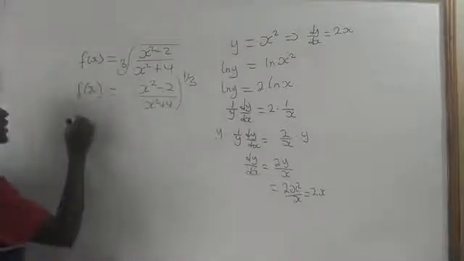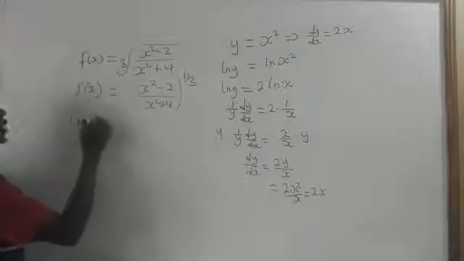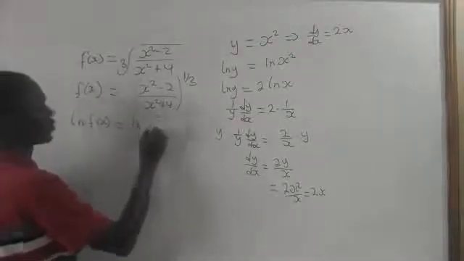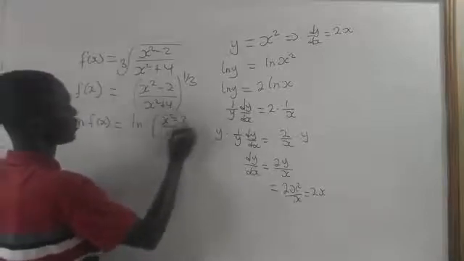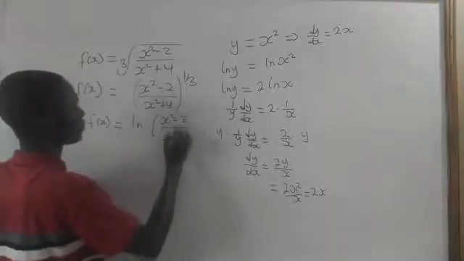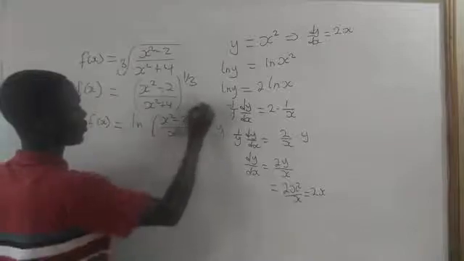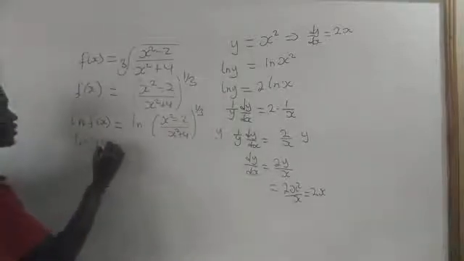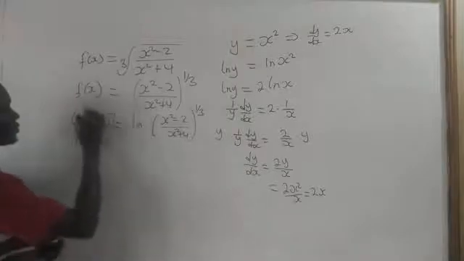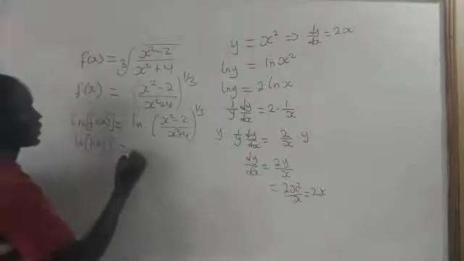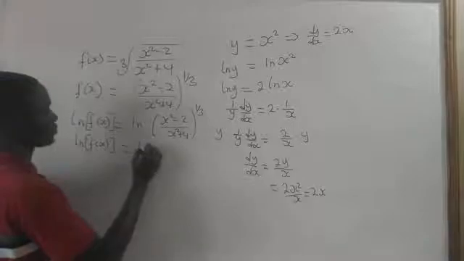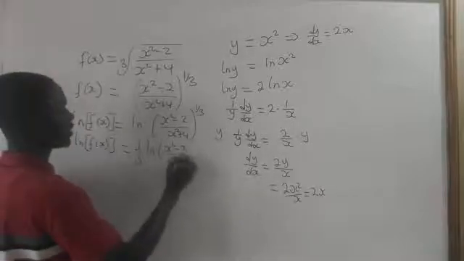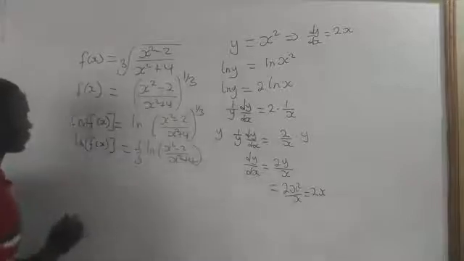So a very simple approach is to take the natural log. So we take natural log of f of x equal to natural log of x squared minus 2 divided by x squared plus 4, all to the power 3. You have natural log of f of x equal to 1/3 of natural log of x squared minus 2 divided by x squared plus 4.